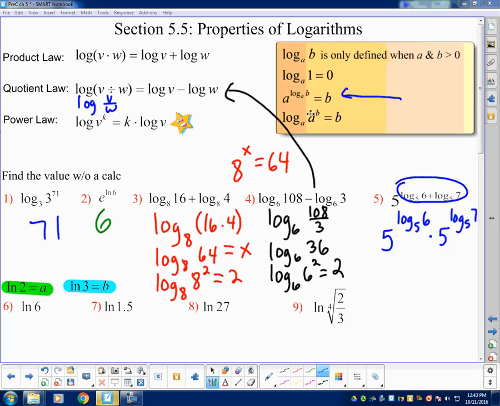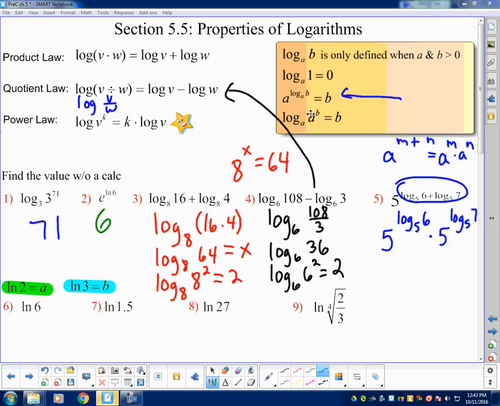It would be like working backwards from something like a to the m plus n power. The m is this log base 5 of 6, the n is log base 5 of 7. So if I work backwards according to my laws of exponents, it's a to the m times a to the n. And this is something we use frequently in calculus, kind of breaking it back apart again.